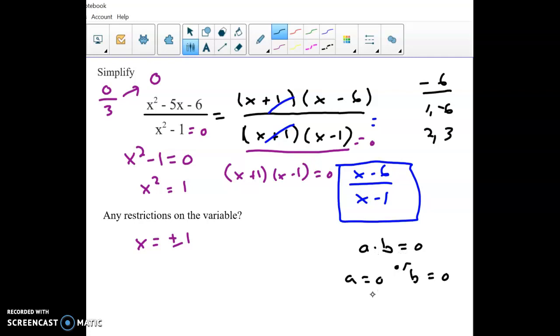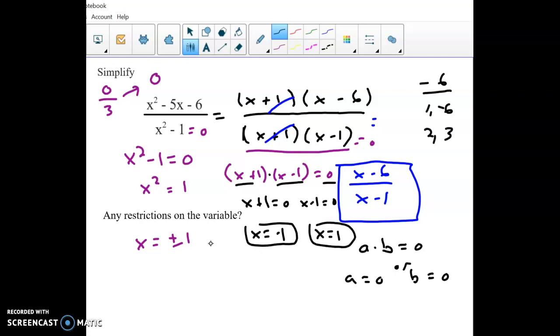So if a times b is 0, either the a has to be 0 or b has to be 0. So in this case, one of these little things has to be 0 if they multiply up to 0. So we could set x plus 1 to be 0 and x minus 1 to be 0. And that would give us the same two answers of x equals -1 and x equals 1. And again, those are called restrictions because they make the denominator 0.